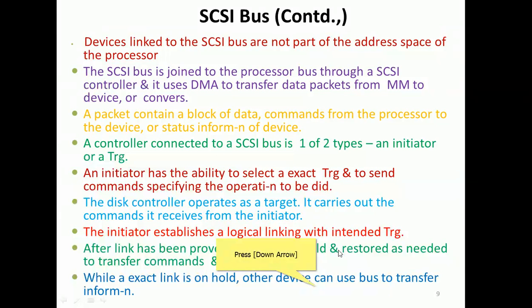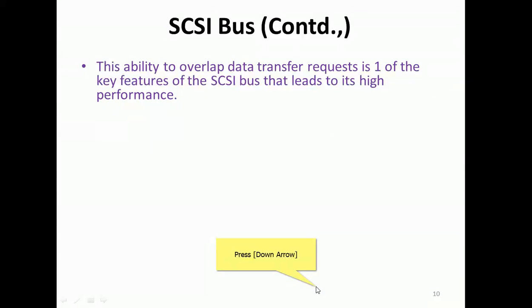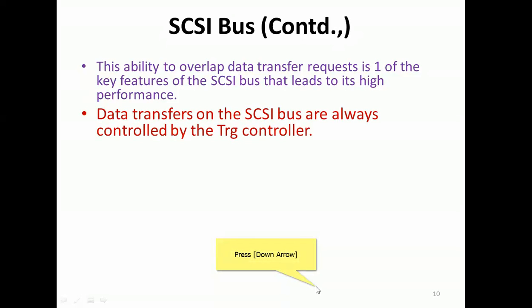While the link is on hold, other devices can use the bus to transfer information on the SCSI bus. This ability to overlap data transfers is one of the key features of the SCSI bus that leads to its high performance.